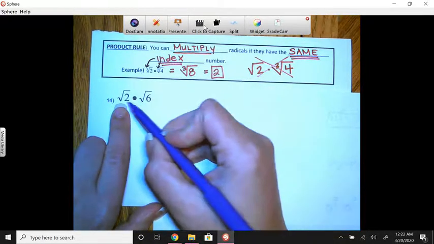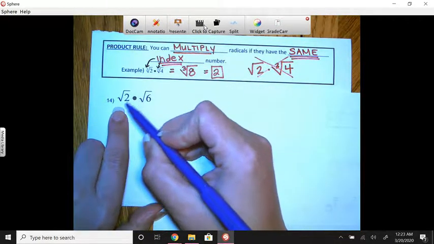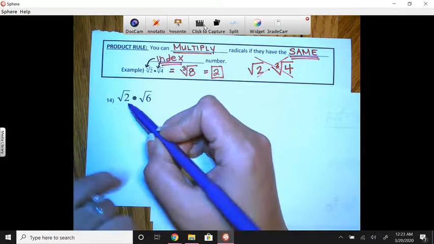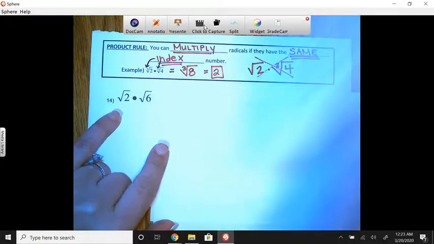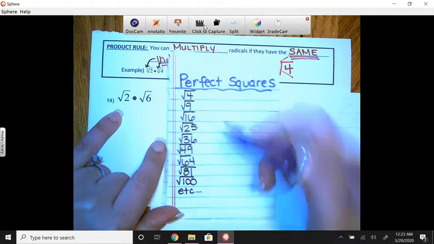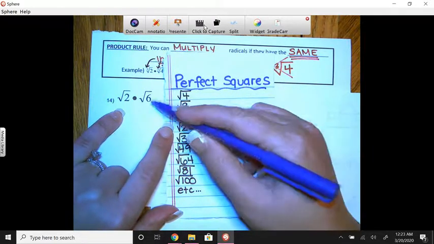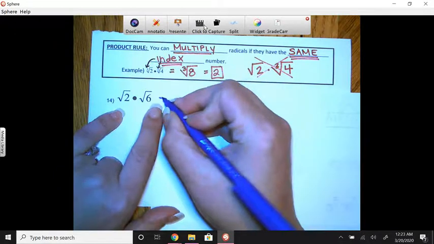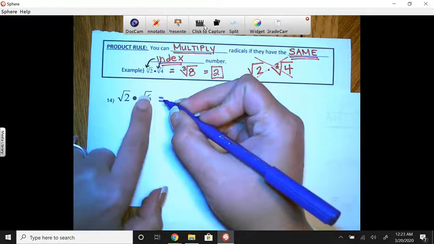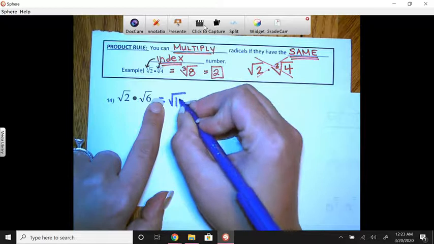So when we are multiplying with radicals, we can do each radical individually, simplify if it's possible. In this problem, we cannot simplify them individually. So remember, we know a radical is simplified if none of these numbers can divide into it. So all we're left with that we can do is 2 times 6 since the index is the same.